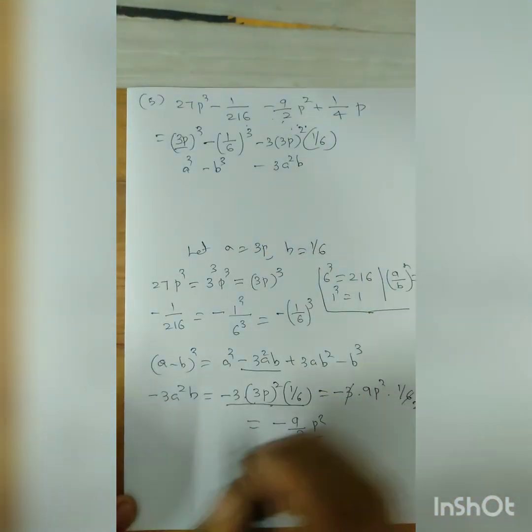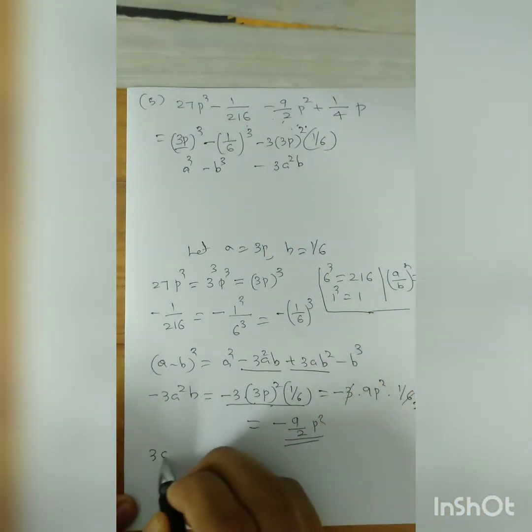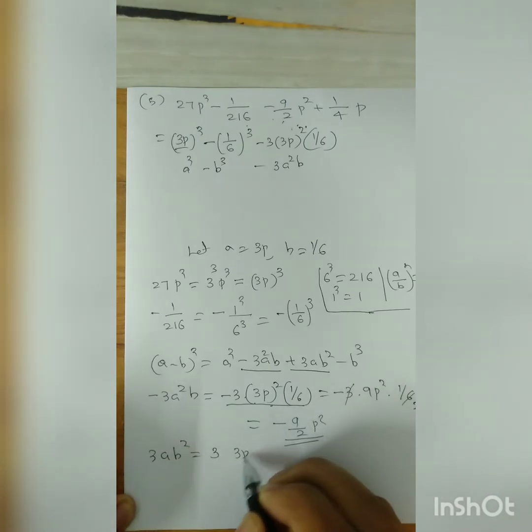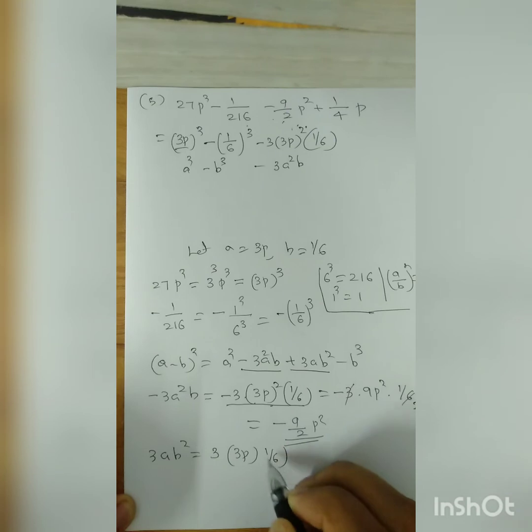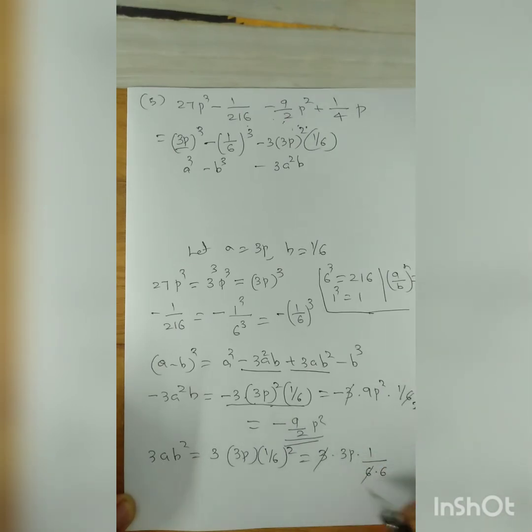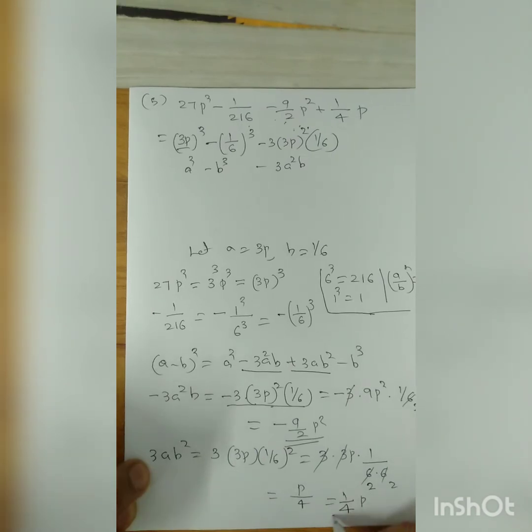Then next term is 3ab squared, which is equal to 3 into 3p into 1 by 6 the whole squared, which is equal to 3 into 3p into 1 by 6 into 6. 3 by 6 gives 2. 3 by 6 is 1 by 2, which is equal to p by 4, that is equal to 1 by 4p.